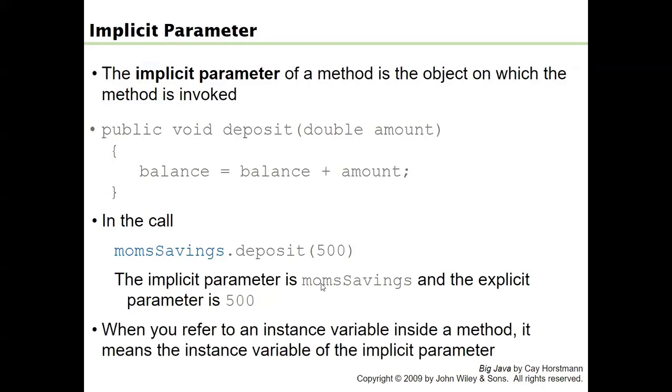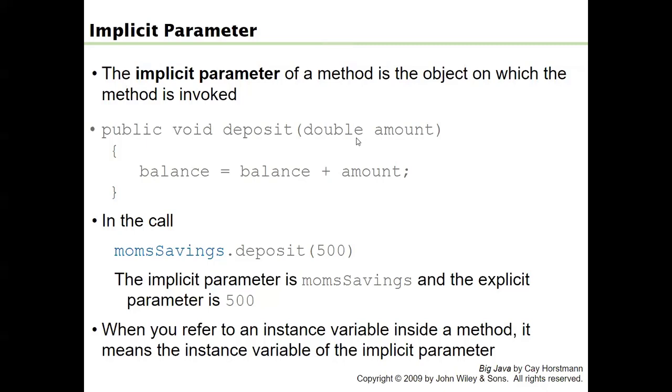When you refer to an instance variable inside of a method, it means that the instance variable of the implicit parameter. Yes, question. Kind of like that. What you can think of it is that there's an extra parameter in here that you can't see, okay? And it's this pointer to this object.